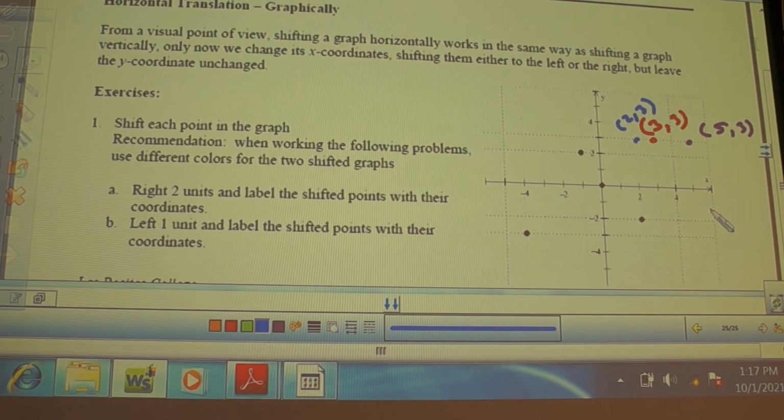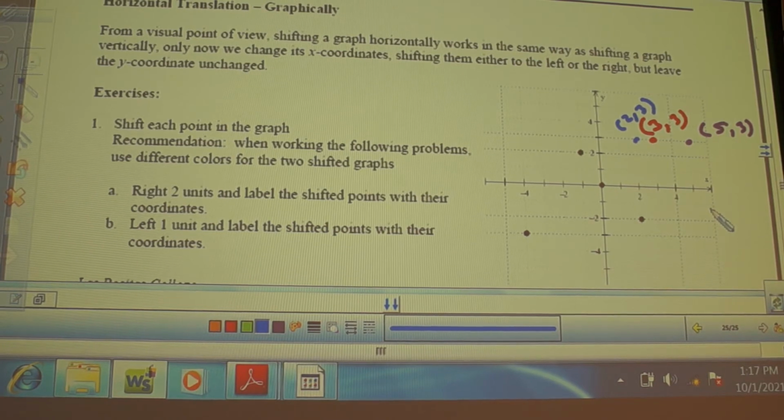Good? Okay, so everybody take a couple minutes and label the rest of these 4 points, and then shift them all. So it's a lot of labeling, right? Label it, shift it, label the new shift. So I would do it point by point.